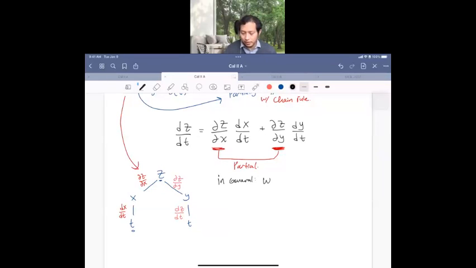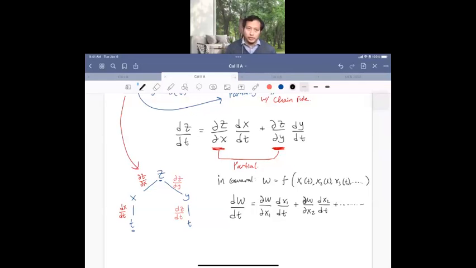For example, if we have w as a function of x1(t), x2(t), x3(t), and so forth, then your derivative with respect to t will be defined by each variable, this plus this, and you can have more and more variables as well.